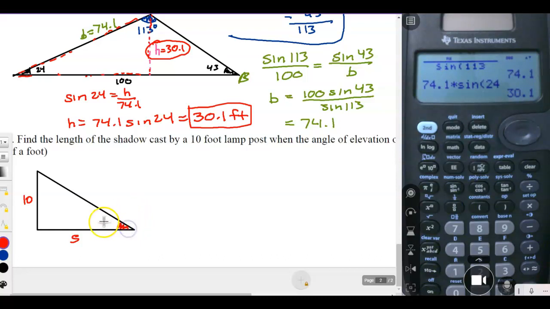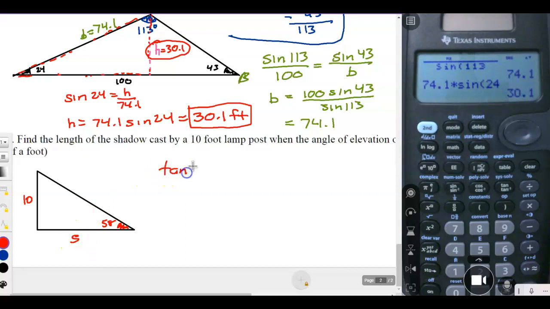So we'll say this is 58. And we're trying to find just the base here. This is actually a very straightforward, very basic geometry question. We have the rise, we're asked to find the run, and we have an angle. So we'll use tangent, opposite over adjacent.